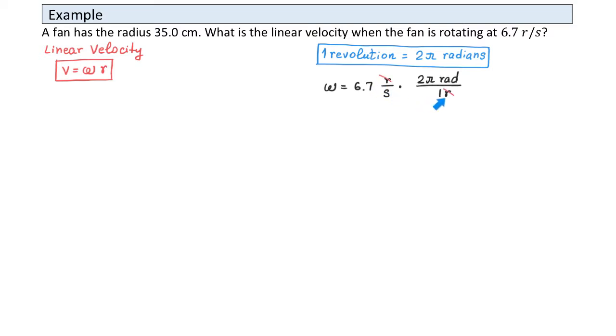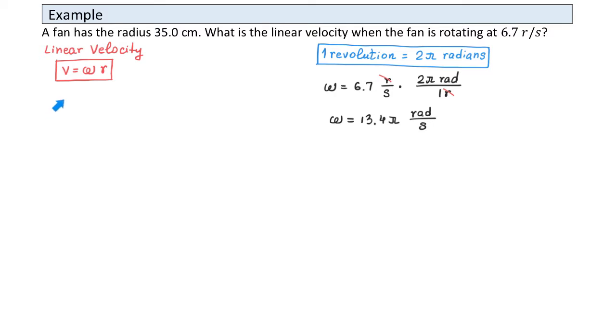R and R will cancel, and the units left will be radians per second. We will multiply 6.7 by 2 pi, and that will give us 13.4 pi radians per second. So omega equals 13.4 pi radians per second.